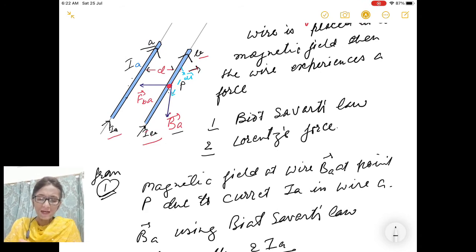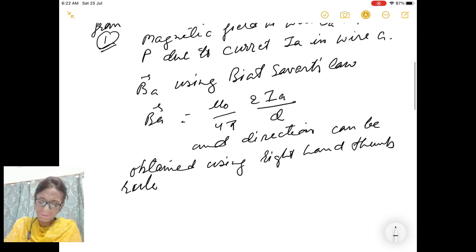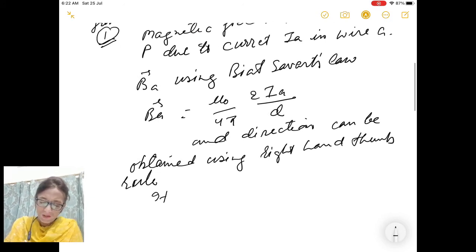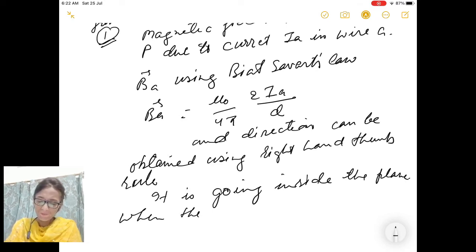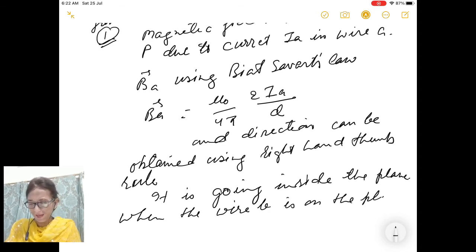And you will find that the direction of B is going inside the plane, when the wire B is on the plane.